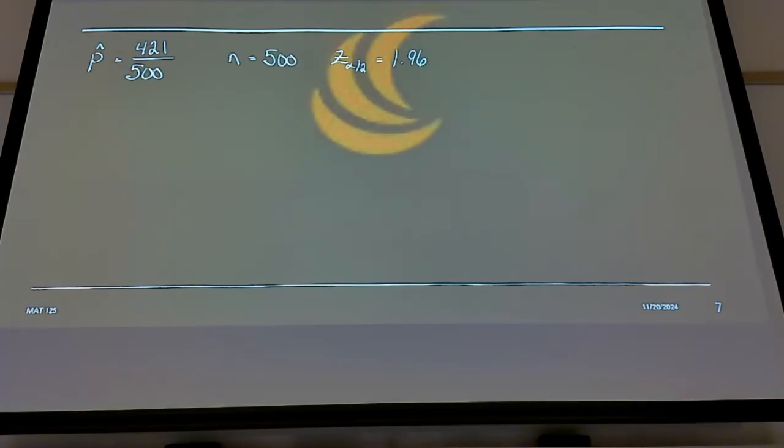And for 95% confidence, 1.96. And our alpha is 0.05. Margin of error: z alpha over 2 times the square root of p hat times 1 minus p hat over n.